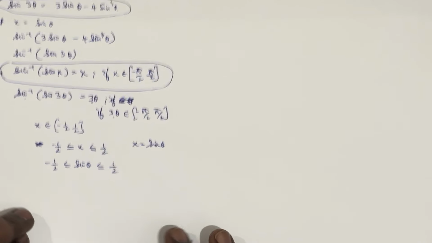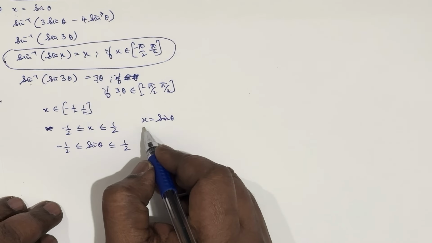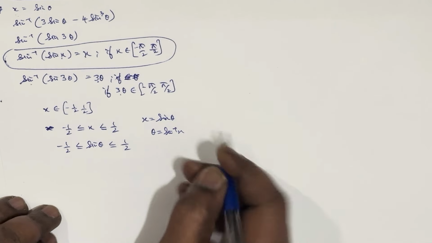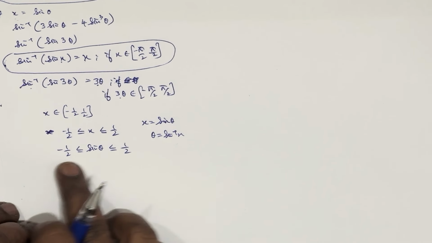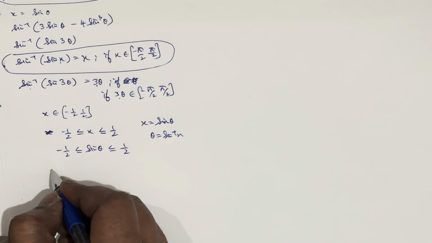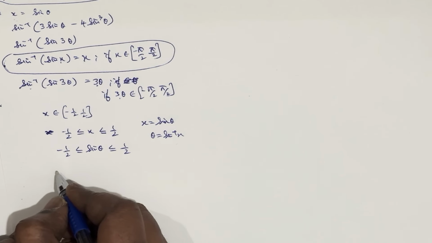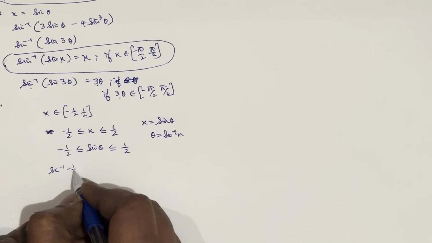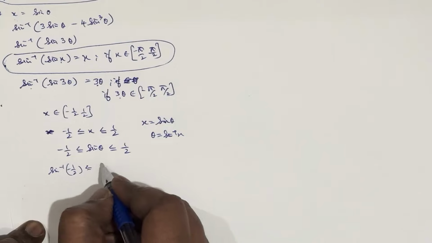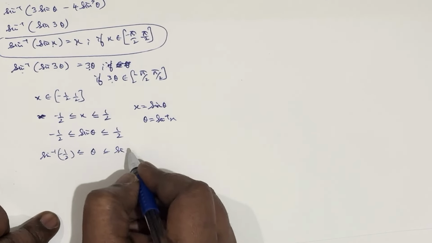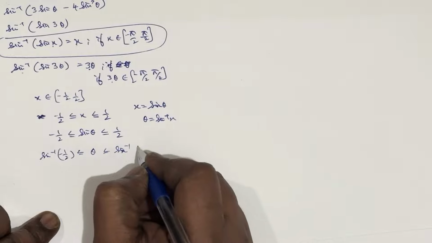Now since x is equal to sine theta, we can write theta is equal to sine inverse x. So we can change this expression as sine inverse of minus 1 by 2 less than or equal to theta less than or equal to sine inverse of 1 by 2.